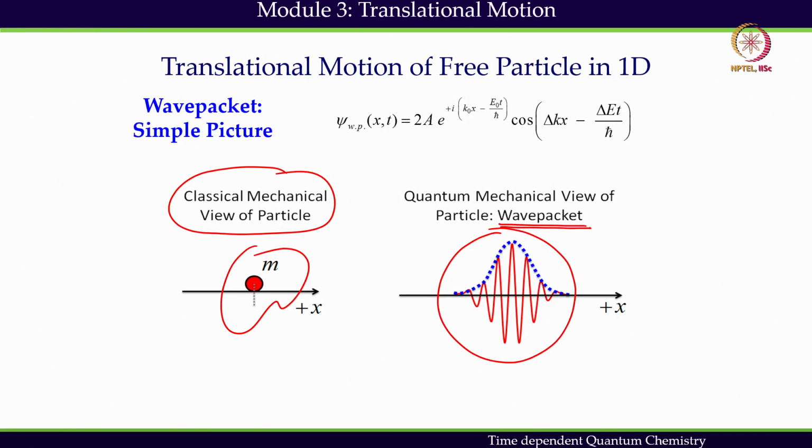So, this is a valid picture for, let us say, a free particle in quantum mechanics, but it does not always need to be a very nice looking Gaussian shape. I can have a particle like this also. It is just for the representation we have made it like this.